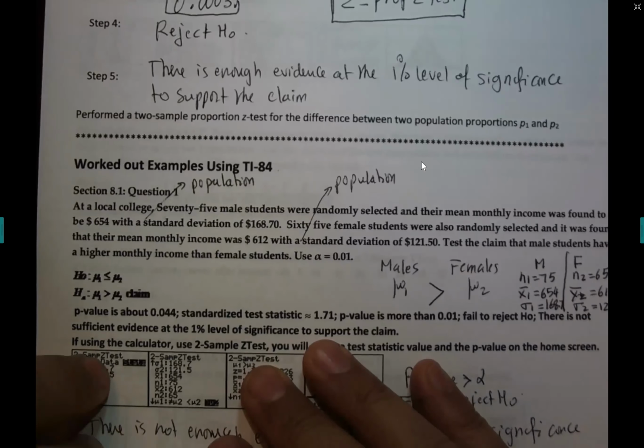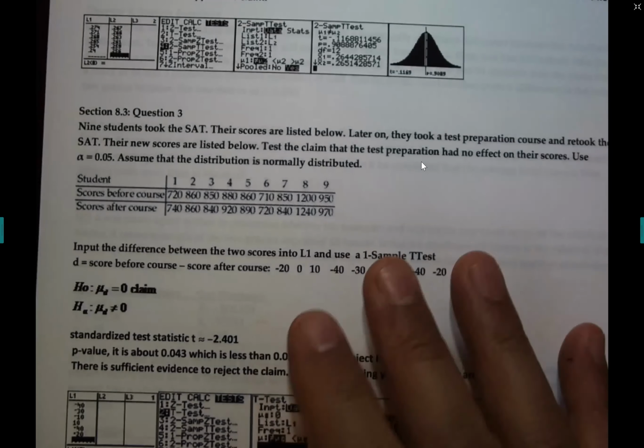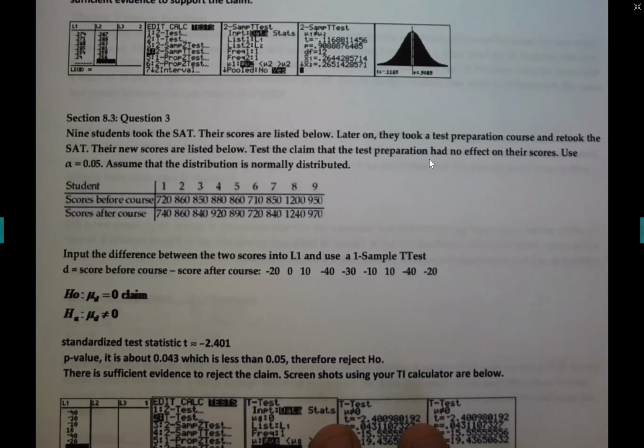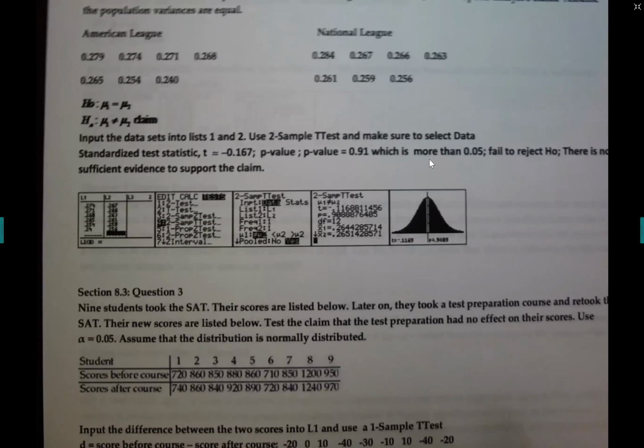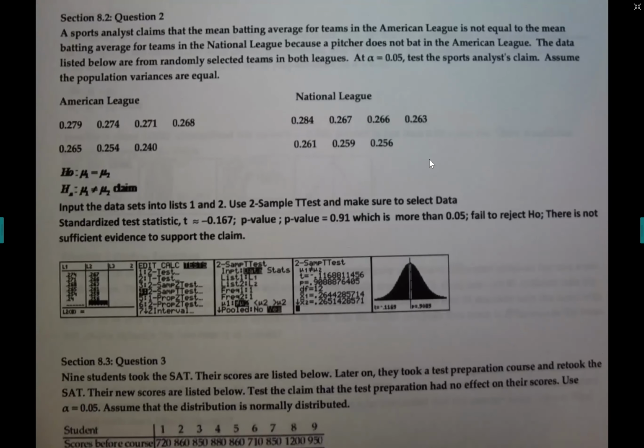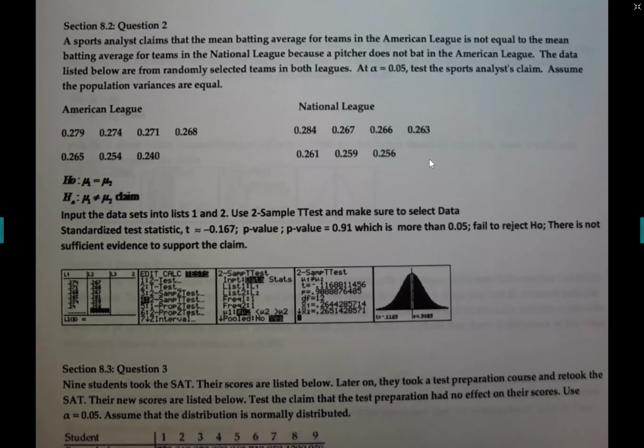Let me show you the other two examples right here. I will go over questions if time permits, but let me just wrap this up. Question 8.2. Let me show you question 8.2, guys.